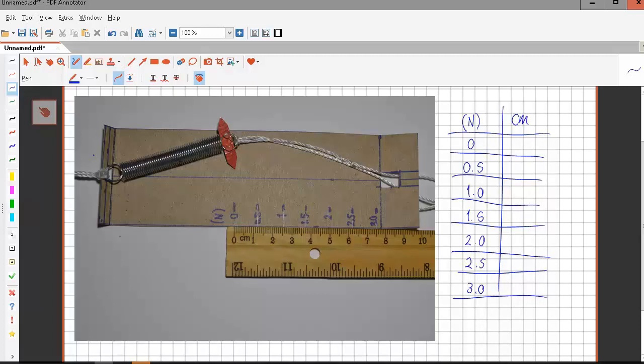At 0 loading, we have 0 extension, shown by this point, because we've lined up the 0 of the ruler with the 0 newtons. At 0.5, right here, it's at 1.2 centimeters. At 1, it's at 2.6.